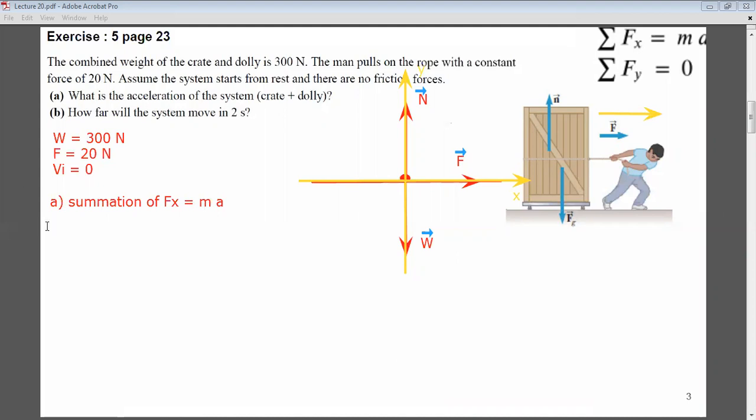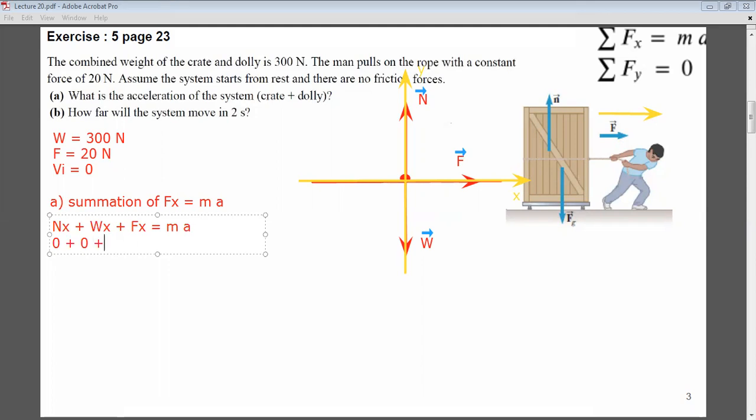Now, what is the acceleration? Summation of Fx equals ma. I have three forces: Nx plus Wx plus Fx is equal to m times the acceleration in x. Nx is equal to 0 because N is all on the y-axis. Wx is 0 because all of W is on the y-axis.